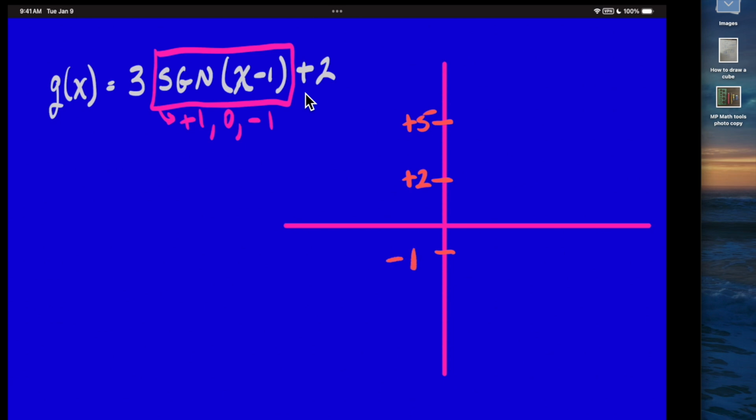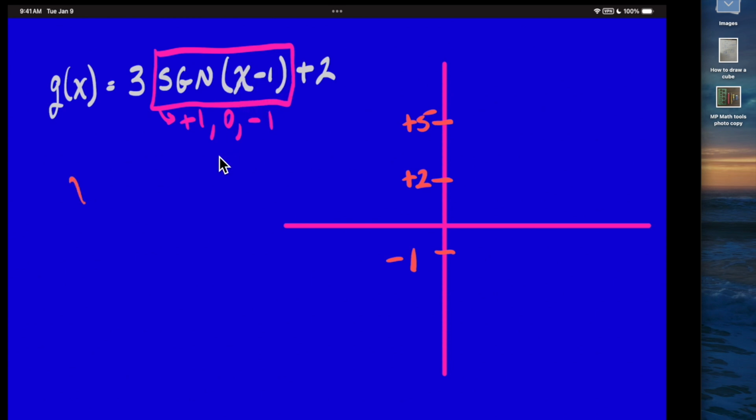So these are going to be our possible y values coming out of this function. Now, the question is, where's the transition? Where does this jump from -1 to +2 and then to +5? Where's the critical point where that's going to happen? The answer is the x value that makes this 0.